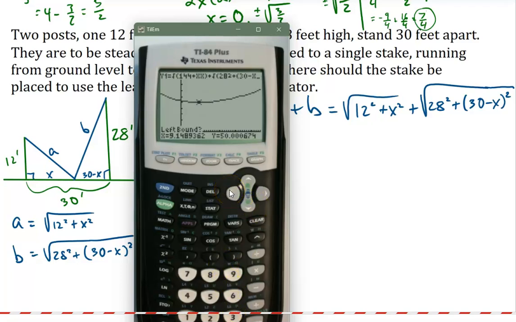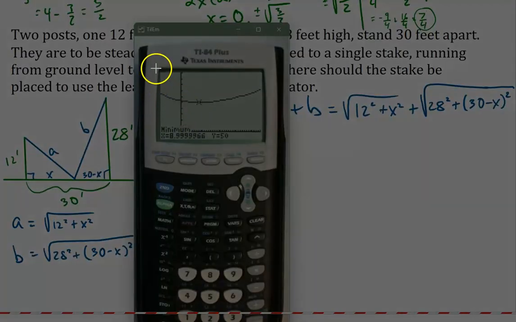I'm watching my y values. They're going down. Oh, it looks like it's going to be 50. Now we've gone back up a little bit, so down and then back up. So I know I passed it. Guess. All right. That looks like a 9 to me. Okay. So let's clip that.